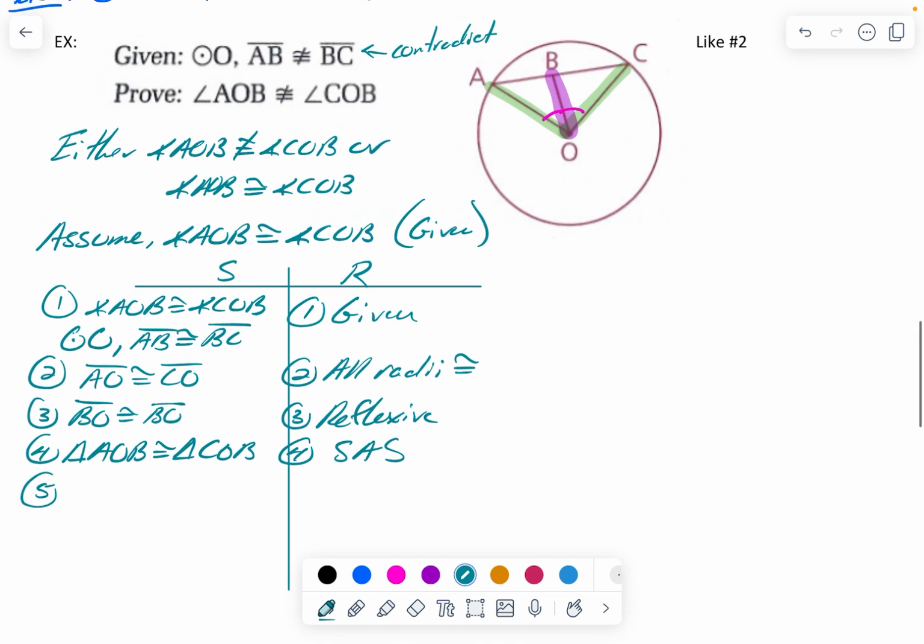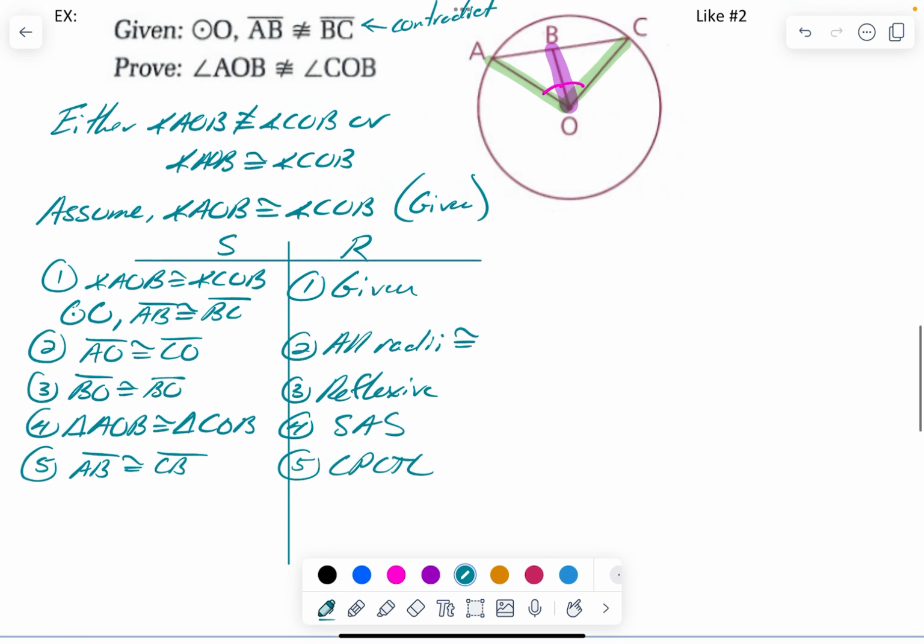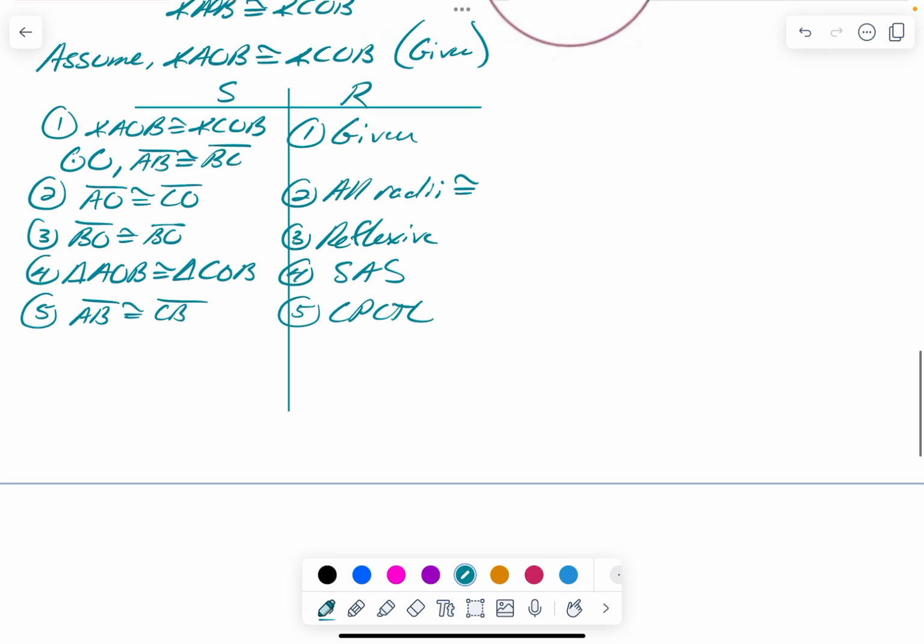And then if those two triangles are congruent, then we have AB congruent to CB by CPCTC. But we have a problem because we were given that they were not congruent. So false.